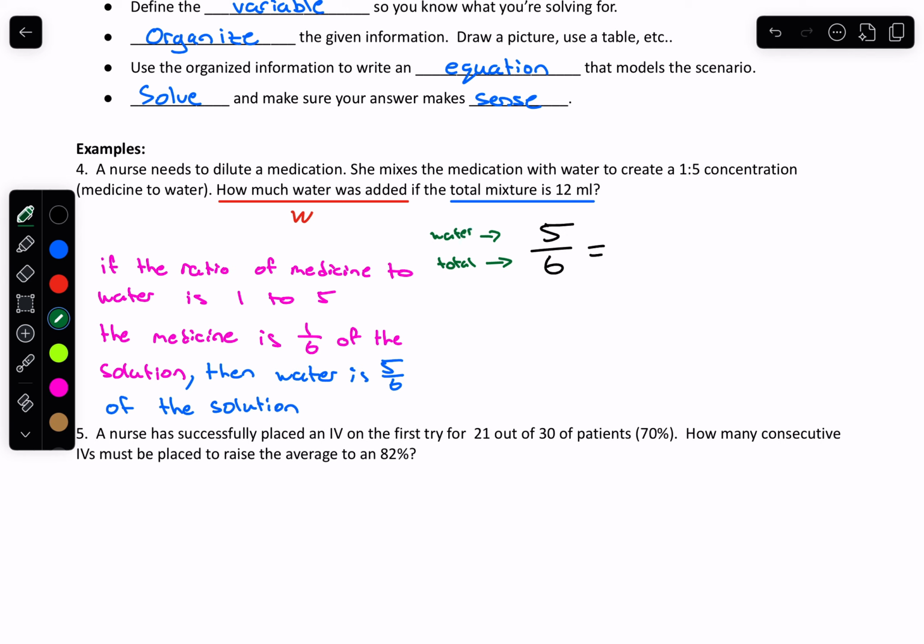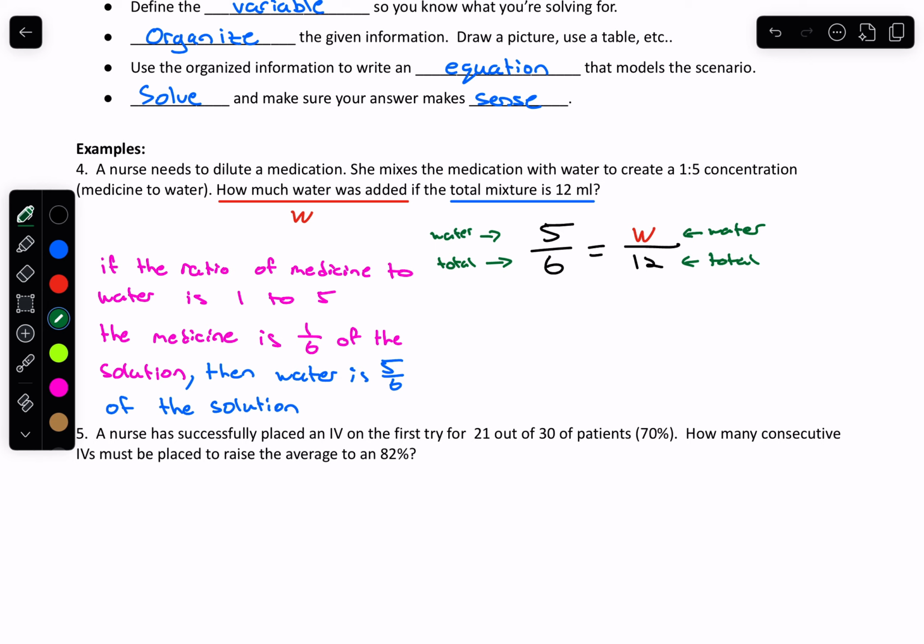So if water is 5 and the total is 6, but now our new total is 12, then what goes on top of the 12 is the amount of water it takes to create a 12 milliliter mixture. So I'm going to put our variable W on top, where that W represents the water. So in the end, this actually becomes a very simple proportion to set up. 5/6 is equal to W over 12. And then we just have to figure out what W should be.